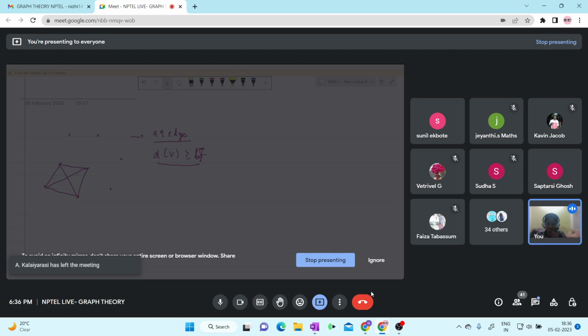It should start from V1 and end with V1, but in the middle there should be no repetitions. A Hamiltonian cycle is a cycle that should have all the vertices of the graph.